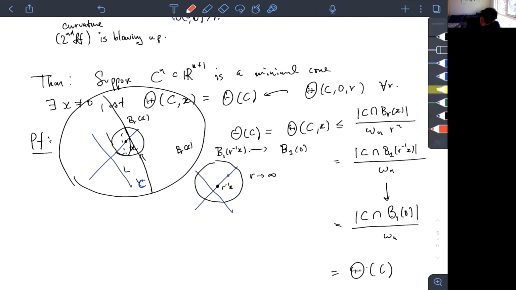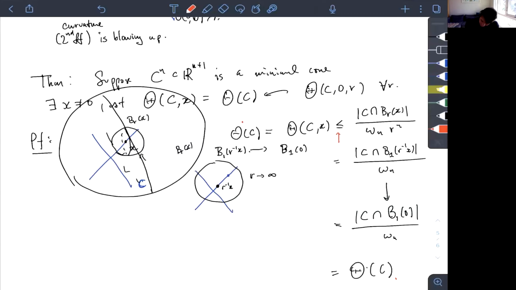Okay. So now, if you trace back through our steps, we started with the density of the cone. We ended with the density of the cone. There was only one step in which we used an inequality, right? And that's this point.